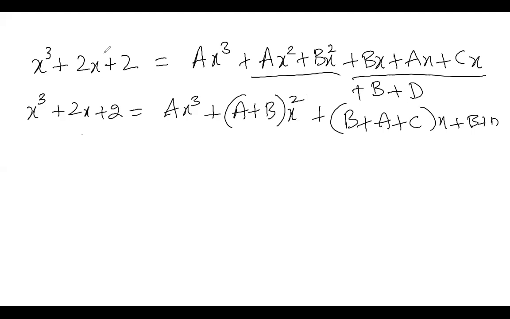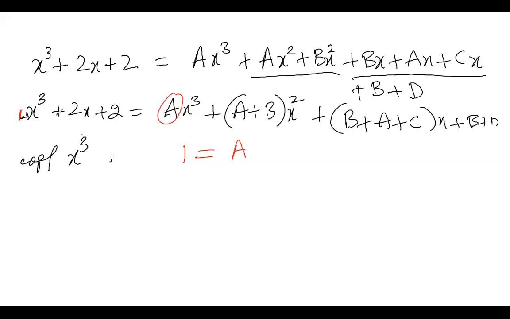Now we are going to compare the coefficient of x cube. What is the coefficient of x cube on this side? 1, and here it is a. It means 1 is equal to a.